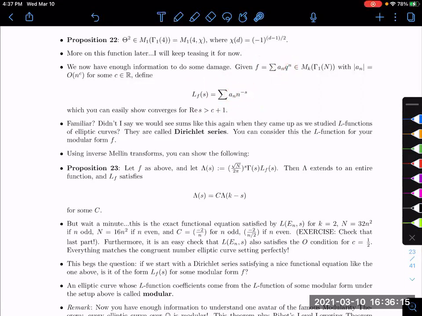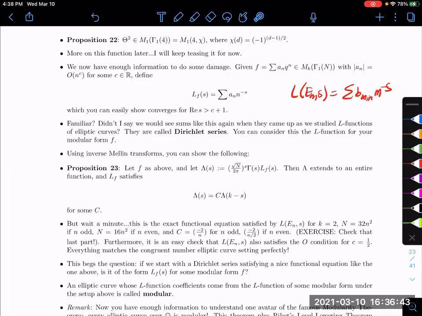Okay. And if you remember, what do the L functions for our congruent number elliptic curves look like? They look very similar, right? They look like this. They've got coefficients times integers to the negative s power, and the sum is over as many indices as there are non-zero coefficients here.